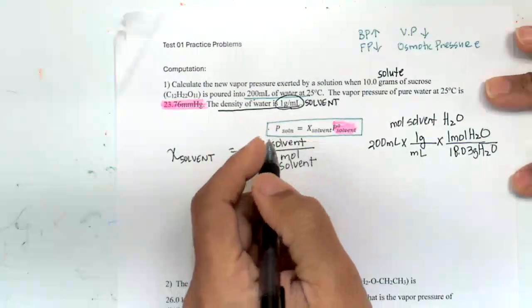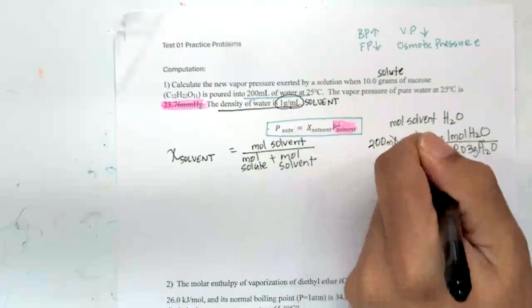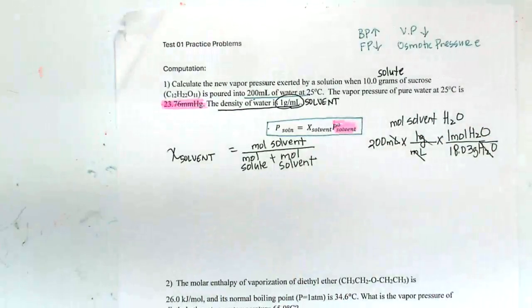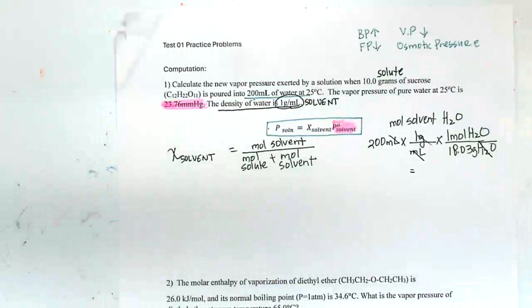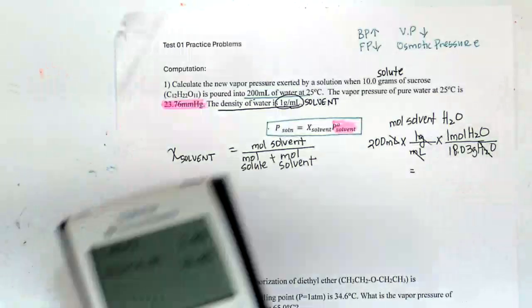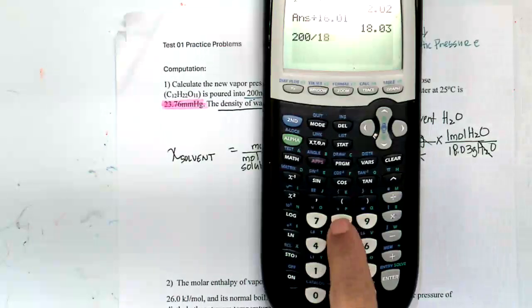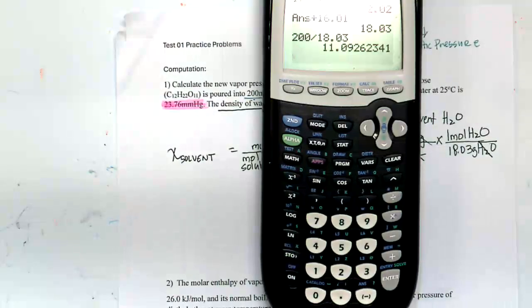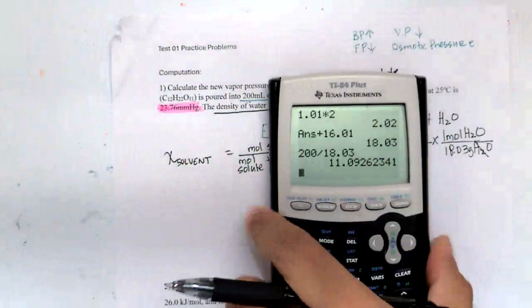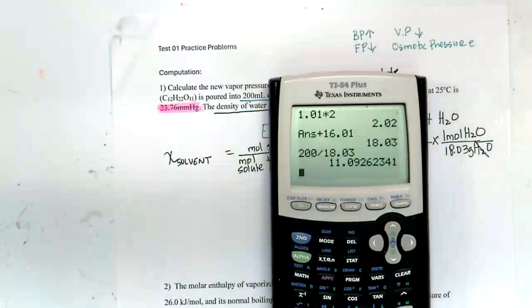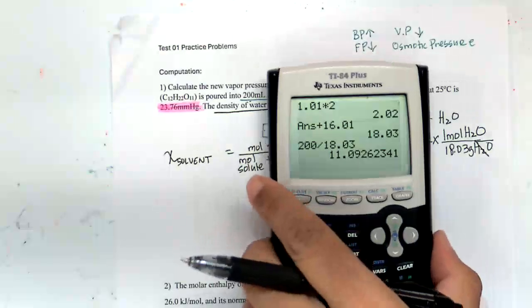We use the density of water to get that calculation. So the mLs cancel, the grams cancel, and we're left with moles of water. What is this on our calculator? 200 divided by 18.03 is 11.093. I'll add some extra digits. 11.093 moles of water, which is our solvent.